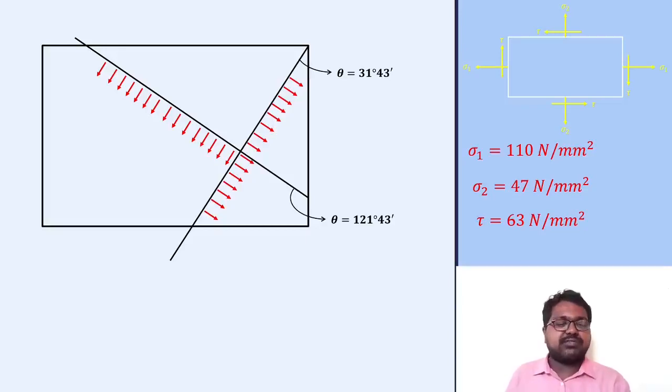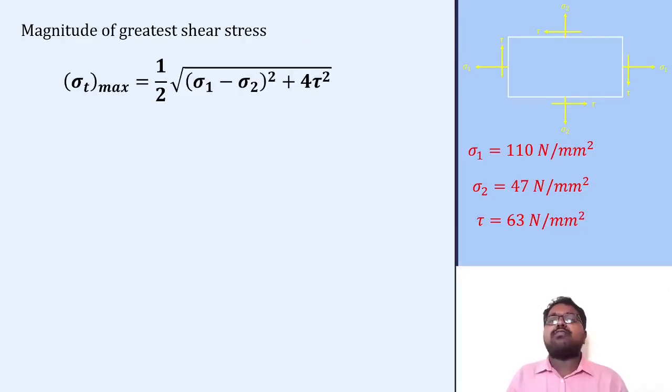Now we are asked to find the value of the greatest shear stress magnitude. So to calculate the magnitude of greatest shear stress, tau max equals half into the root of (sigma 1 minus sigma 2) whole square plus 4 tau square. Here I am placing the values of sigma 1, sigma 2 and tau again.